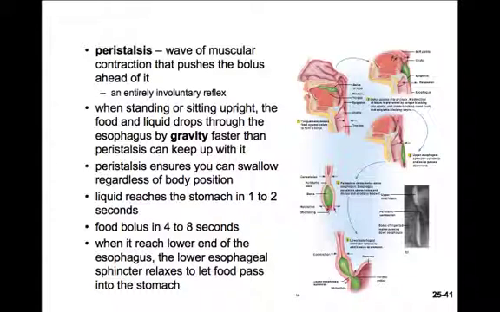However, if we're lying down or even standing on our head, peristalsis ensures that you can swallow. Liquid could reach the stomach in 1 or 2 seconds, and a whole big bolus of food might take 4 to 8 seconds. When it reaches the lower end of the esophagus, the lower esophageal sphincter relaxes and lets the food pass into the stomach.